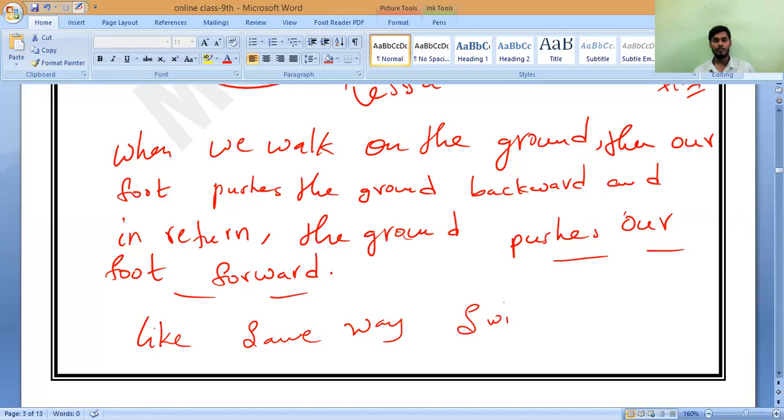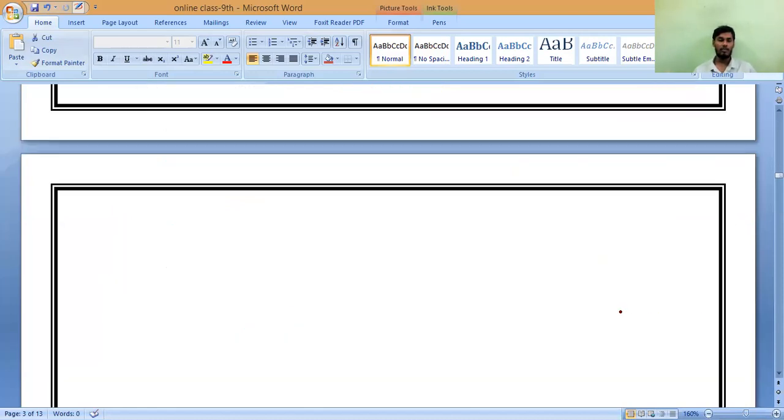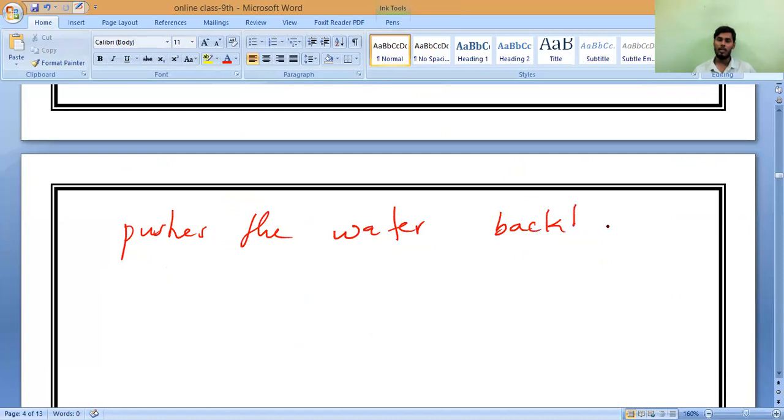The swimmer pushes the water. Which direction? Backward direction. That is called what? Action.